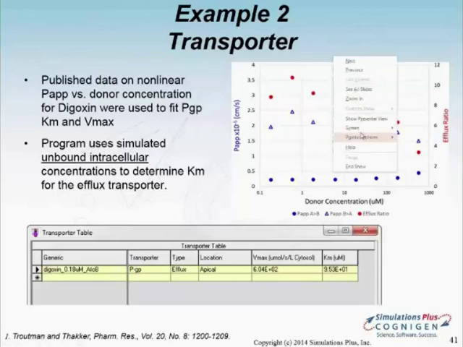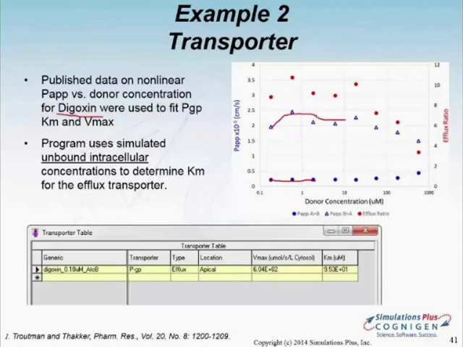For this example, we used digoxin as a prototypical PGP substrate and used published data that we found in this Troutman paper, where they measured permeabilities in A to B direction, shown in these blue circles, and the B to A direction, the blue triangles, for a variety of donor digoxin concentrations.